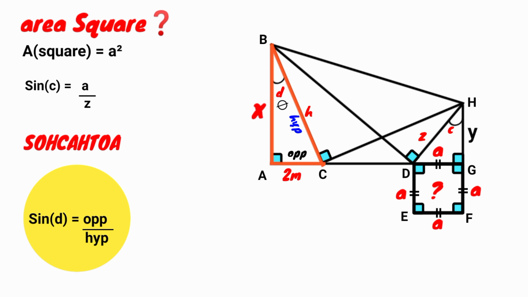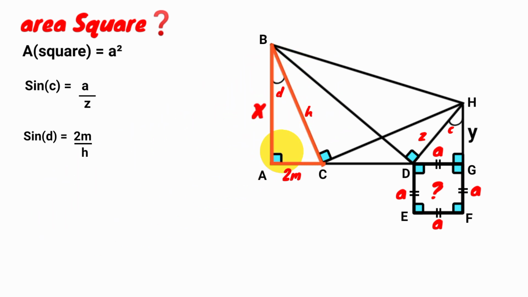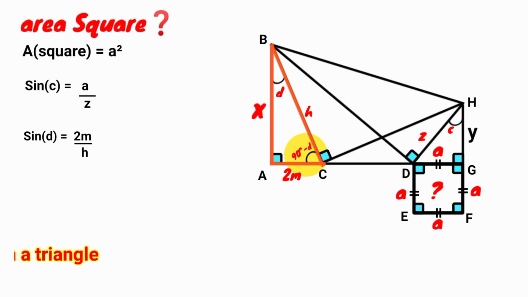Theta is D, opposite is 2 meters, and hypotenuse is H. So sin D equal to 2 meters over H. Still on this triangle, since this is a right angle and this is D, based on the rule that the summation of angles in a triangle is 180 degrees, this must be 180 degrees minus 90 degrees minus D, which is 90 minus D.